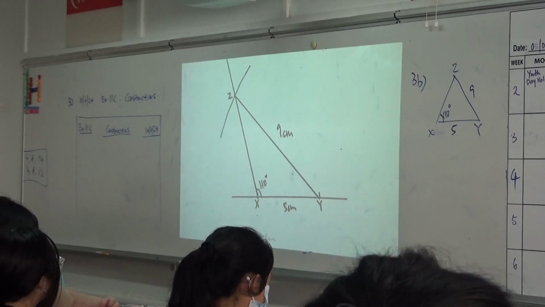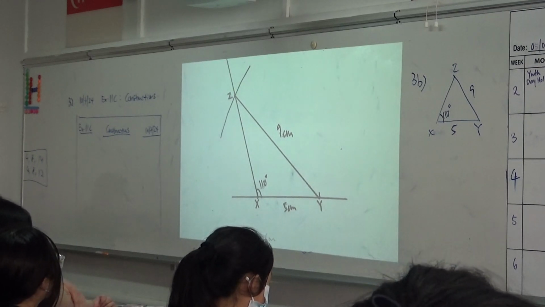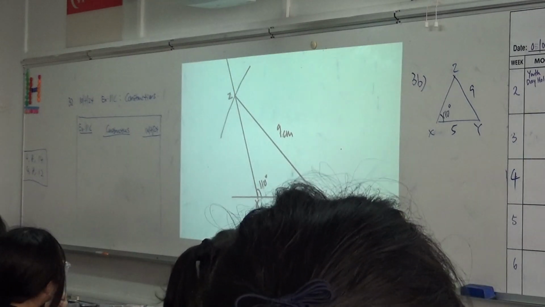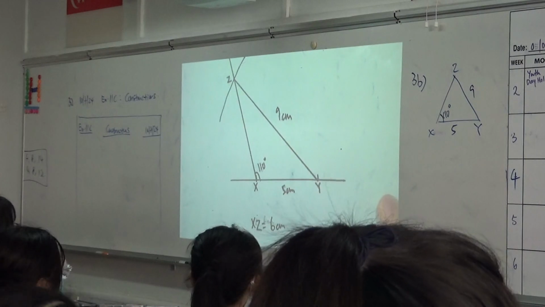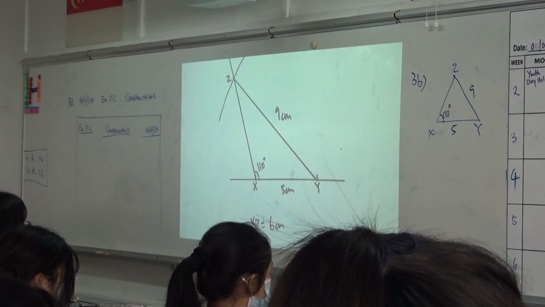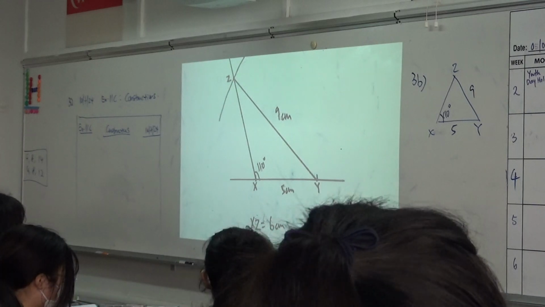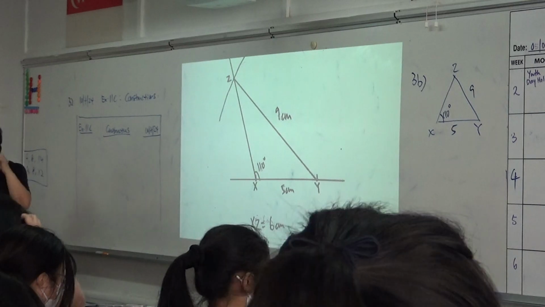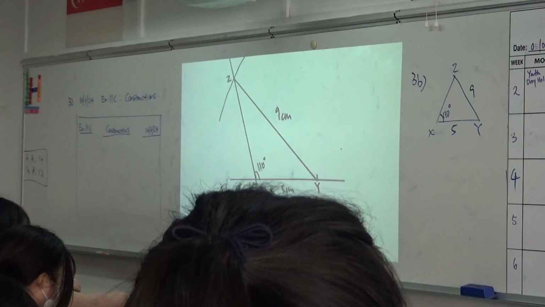Measure and write down the length of what? XZ. Okay, so you measure this XZ. Now, mine is about 6 cm. You go and try and see if yours is 6 cm. Understand what I'm saying? Okay. Can all of you draw now? 3B. Construct now.